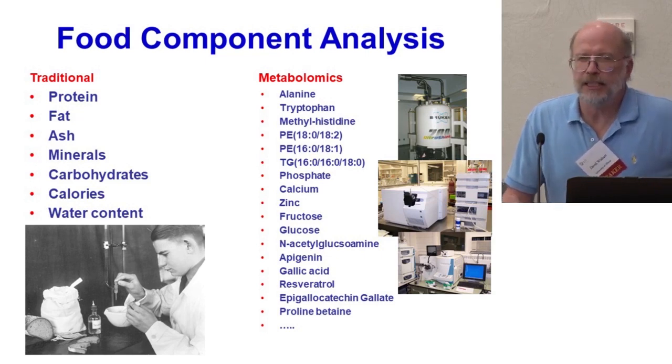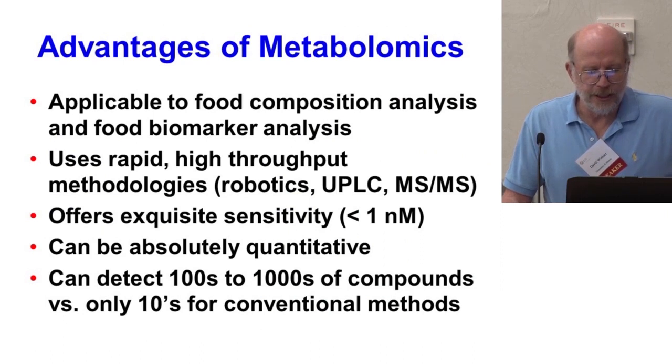So metabolomics is not just applied to health, it's applied to food composition, it's applied to food biomarker analysis. It's very rapid now. There's lots of robotic systems that are used. It's got this exquisite sensitivity, being able to detect things down at sub-nanomolar levels. If done well using isotopic standards, it can get absolute quantitation, very accurate.